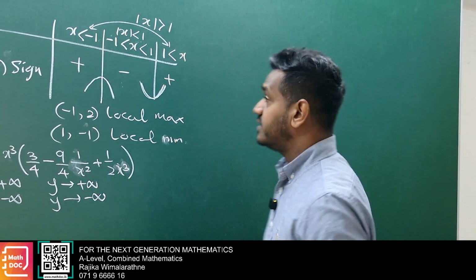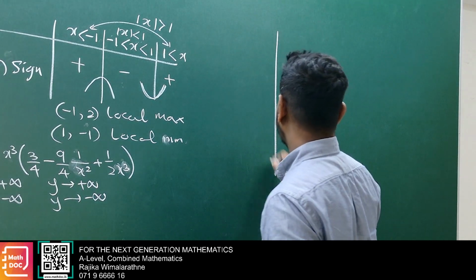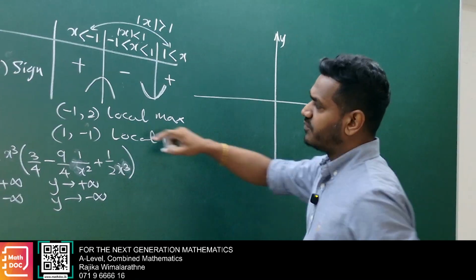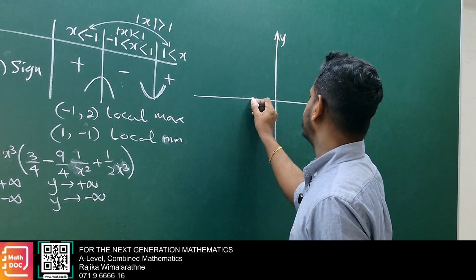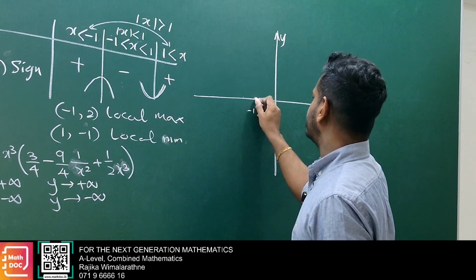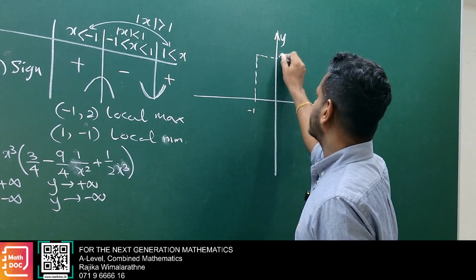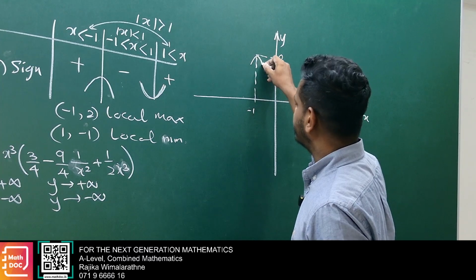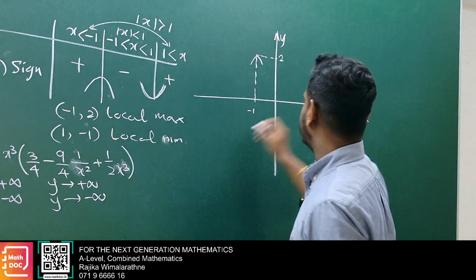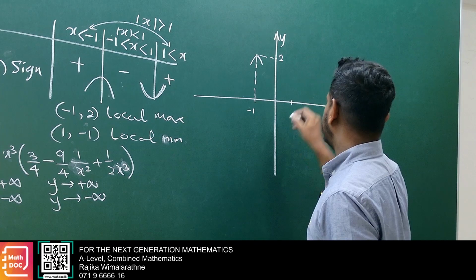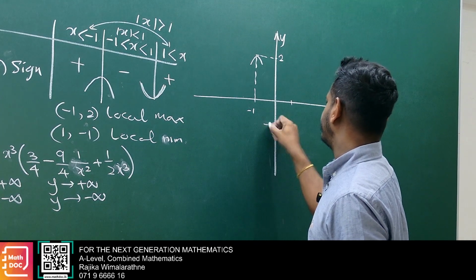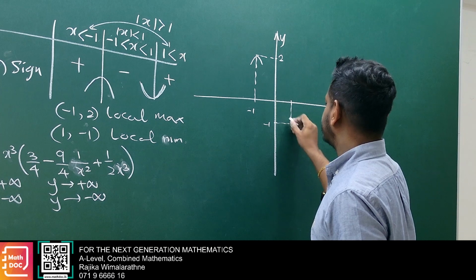We know the critical point minus 1, 2. Take that one as local maximum. Then the other one, 1, minus 1, that is local minimum.